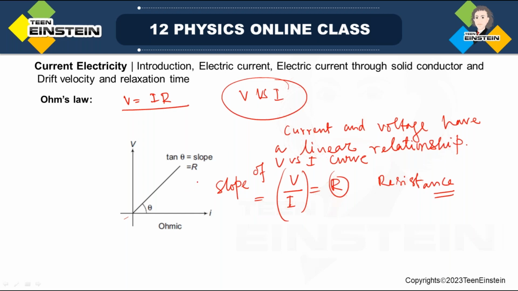There could be some materials which may not follow Ohm's law. I should not say metal, some materials, like semiconductors. Semiconductors do not follow this linear relationship between current and voltage.